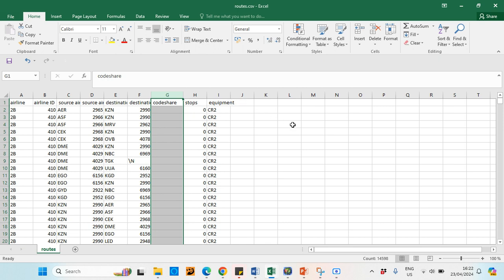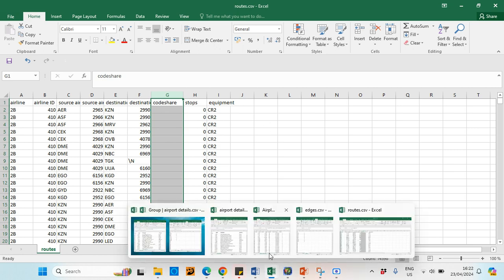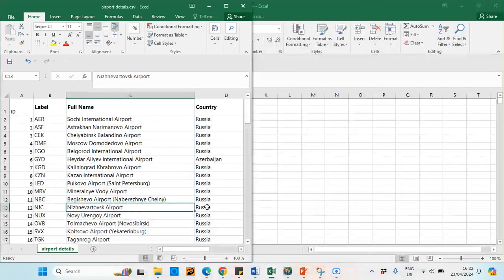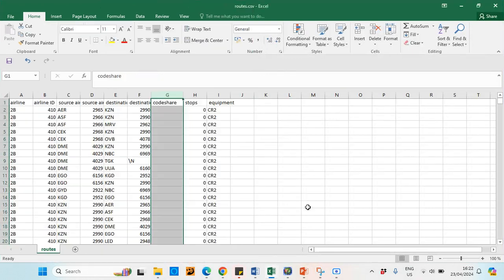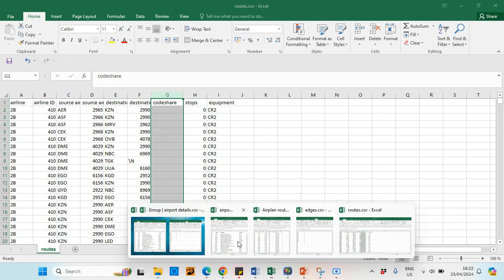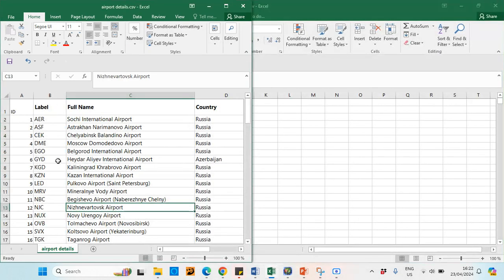Before even putting this data into Tulip, I cleaned my data. I divided it up into nodes and edges. So first of all, we're going to look at the nodes. For the nodes, I just used the source airports and the destination airports. I copied all the source and destination airports and pasted them here.